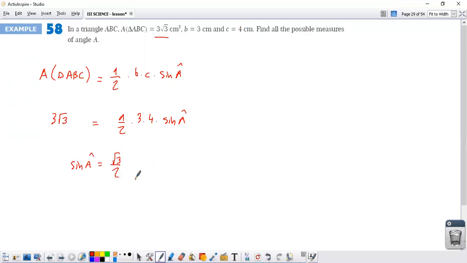Okay, and we know that sine 60 is equal to sine 120, which is root 3 over 2. So the possible measures for angle A are 60 degrees or 120 degrees.